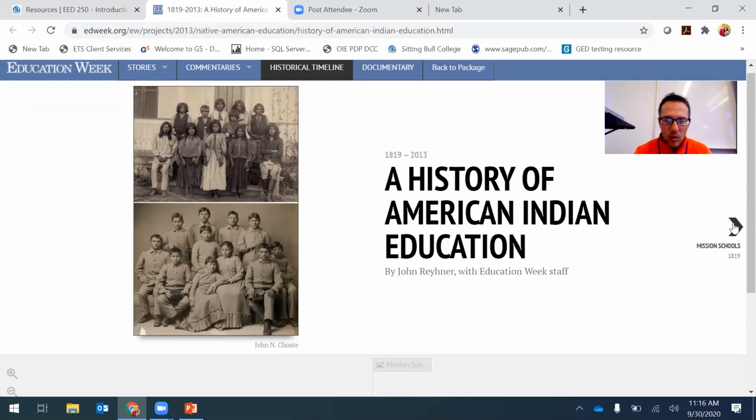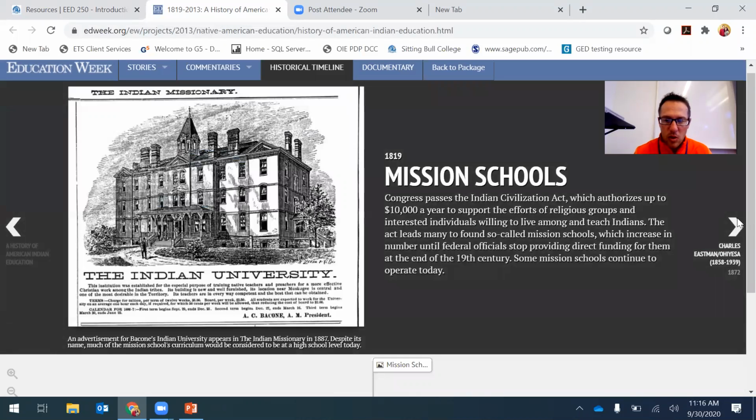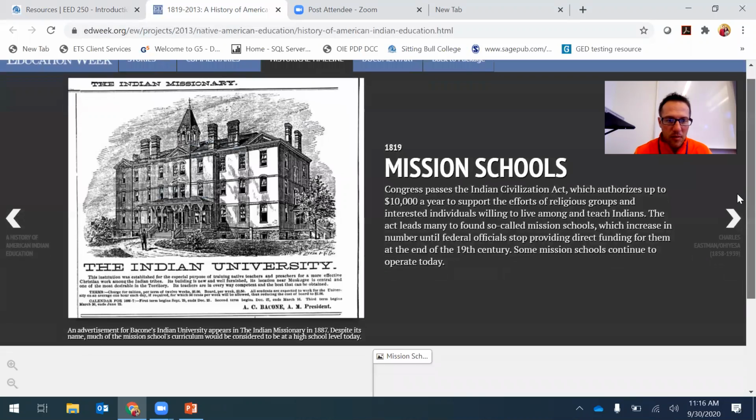But this timeline here takes us through some of the components of the history or historical foundations of Native American education.